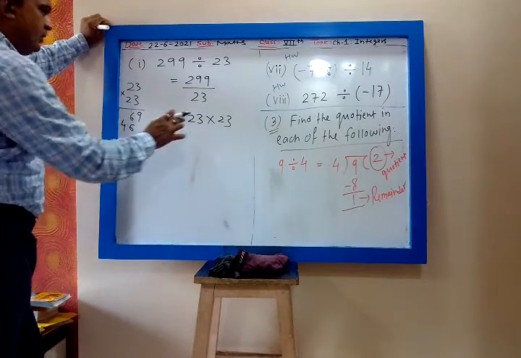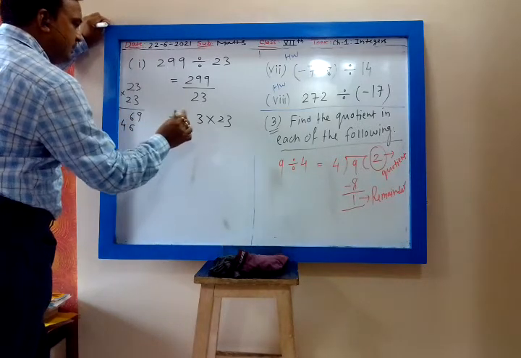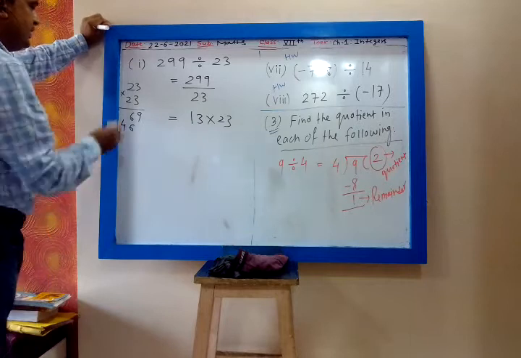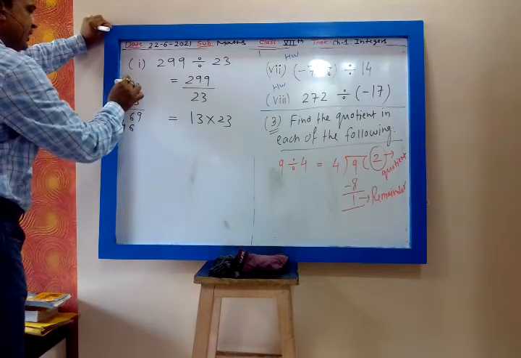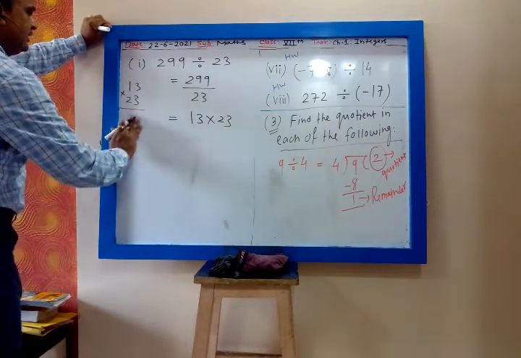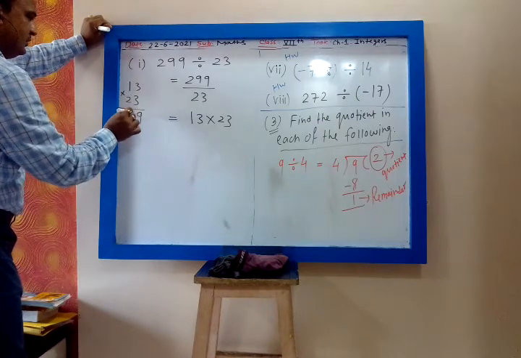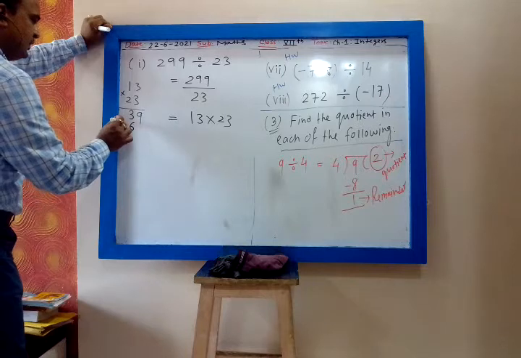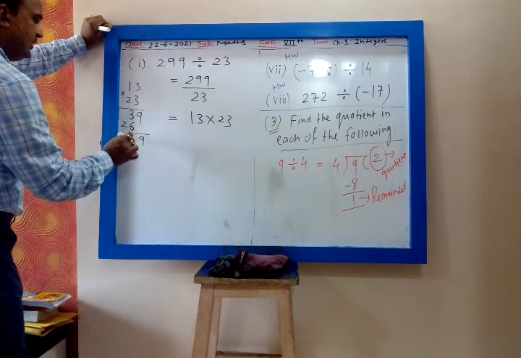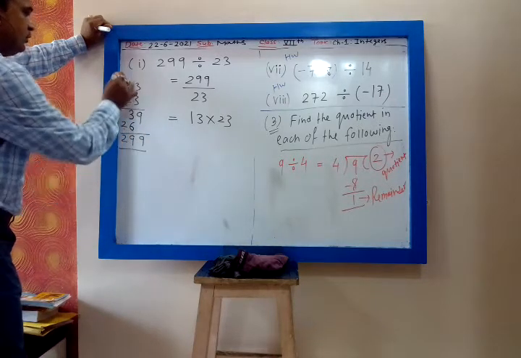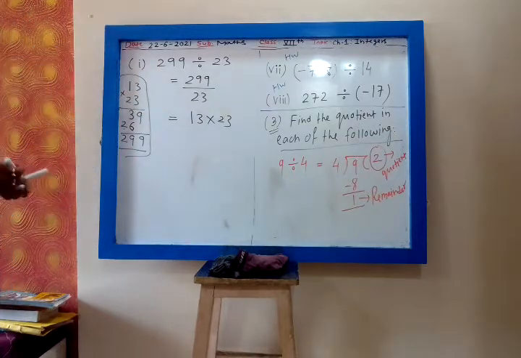No, it will not be. It will be 13 into 23. 3 3s are 9, 3 1s are 3, 2 3s are 6, 2 1s are 2. 9, 9, 9. So 299 you can write as 13 into 23.